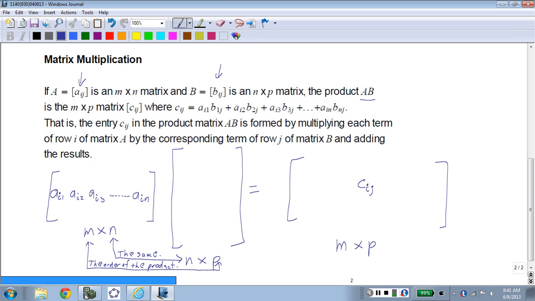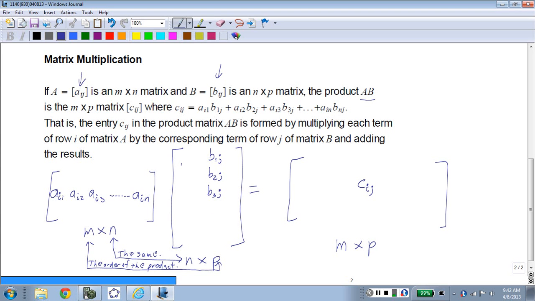Okay, coming up with that C sub ij is going to involve all n of those entries in row I. We're going to take them one by one and multiply by the corresponding entries in column J of the matrix on the right. Where's column J? Well, there's column 1 right there, and then column 2. And if we work our way over, eventually we get to column J. B sub 1J is going to be the entry in row 1, column J. And then B sub 2J, row 2, column J. B sub 3J, right there.